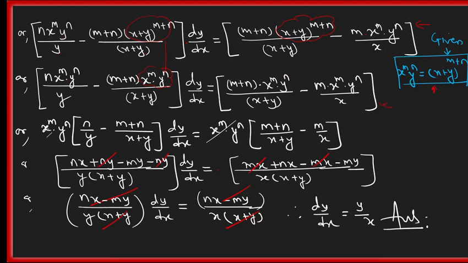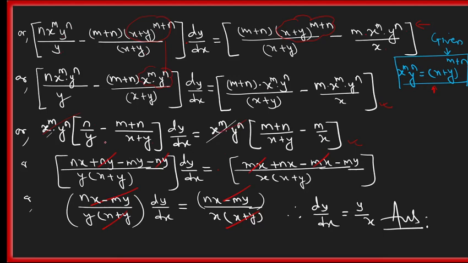So in this case, x to the power m y to the power n is common: n by y minus m plus n by x plus y dy by dx equal, here also x to the power m y to the power n common, and here remaining m plus 1 by x plus y minus m by x, and these two terms are cancelled.